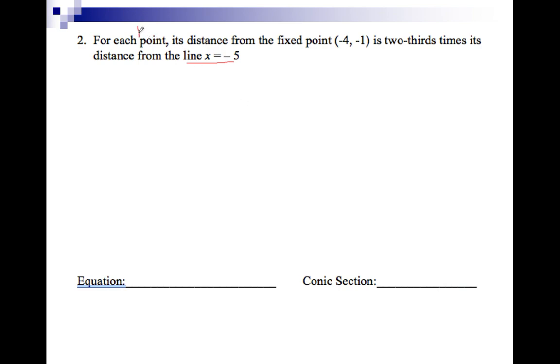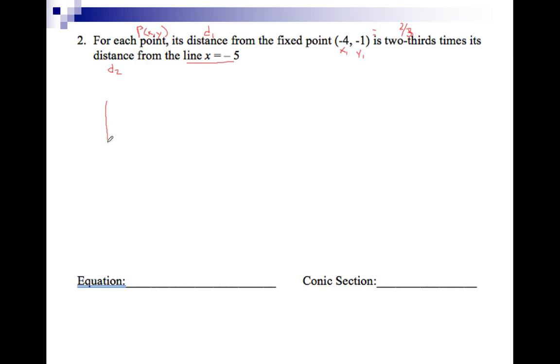For each point, this is going to be a random point (x, y), that point's distance from a fixed point is 2/3 times its distance from a line where x is always -5. This causes kids problems. So here's what I suggest you do.